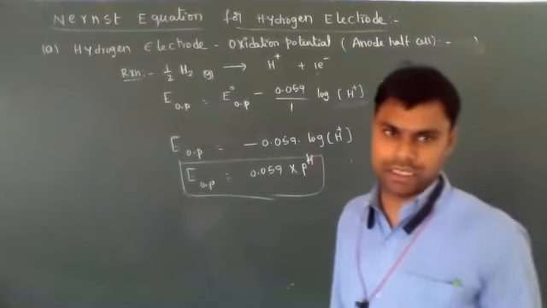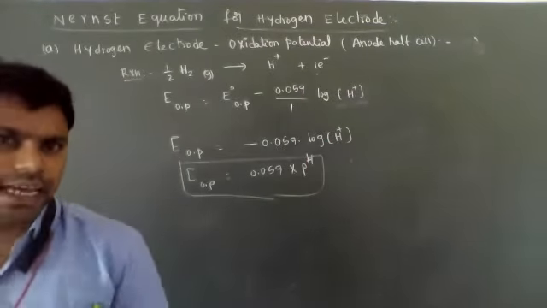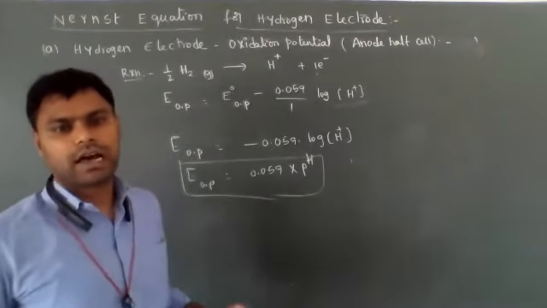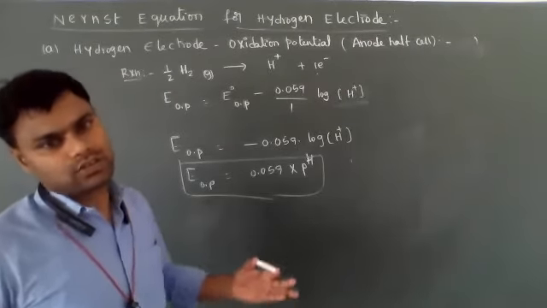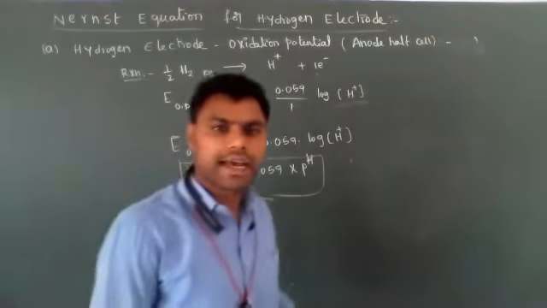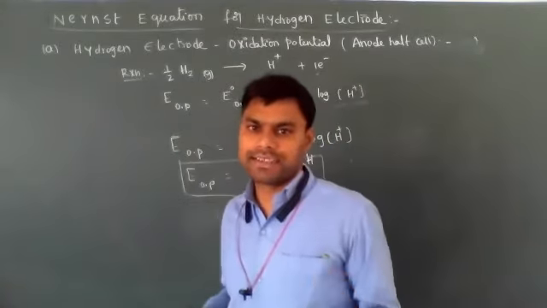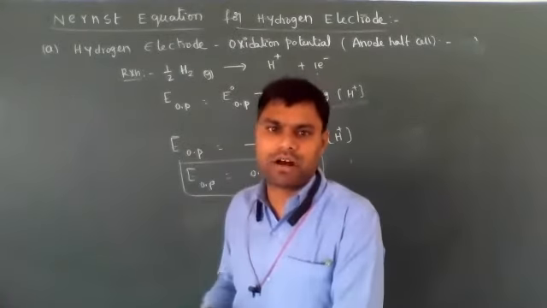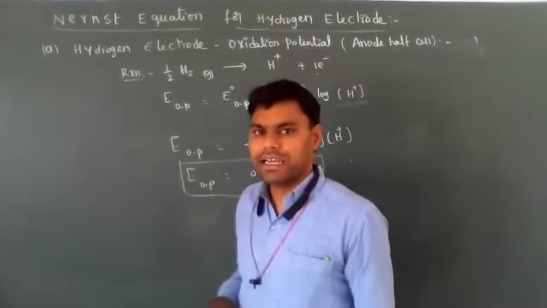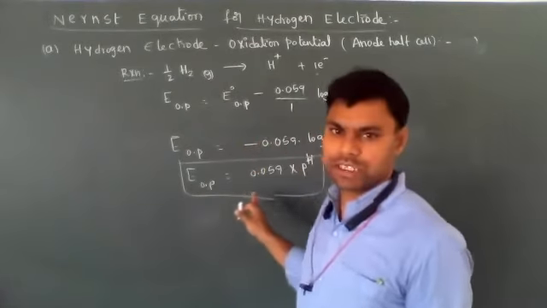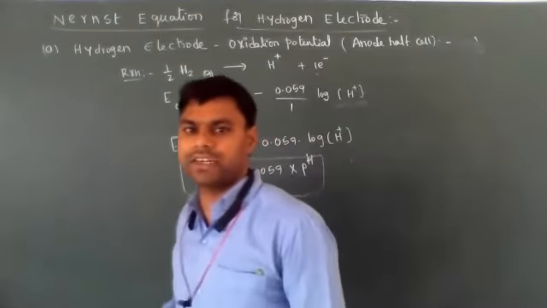So the Nernst equation is also applicable for single cells. It is also applicable for hydrogen electrode, because hydrogen electrode generally we are using as a reference electrode. Reference electrode means we can use it as cathode half cell as well as anode half cell. As anode half cell, the oxidation potential is equal to 0.059 into pH.